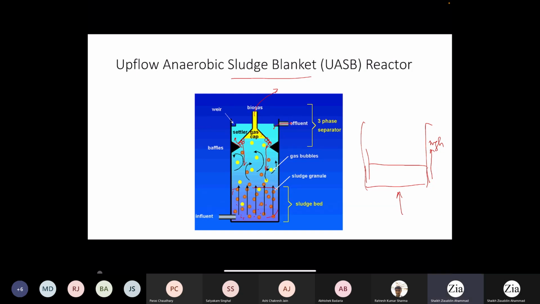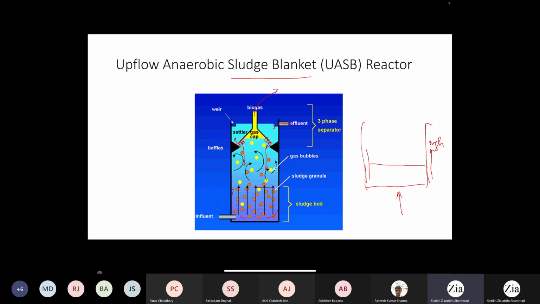This kind of reactor is very common and widely used for anaerobic treatment systems, and the biogas generated from the system can also be used as a fuel. The only disadvantage is that the process is quite slow. It is not as fast or efficient as your ASP, activated sludge.